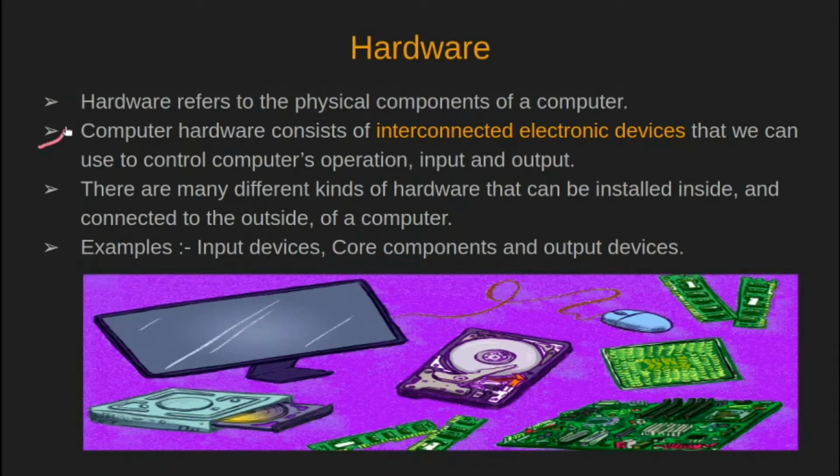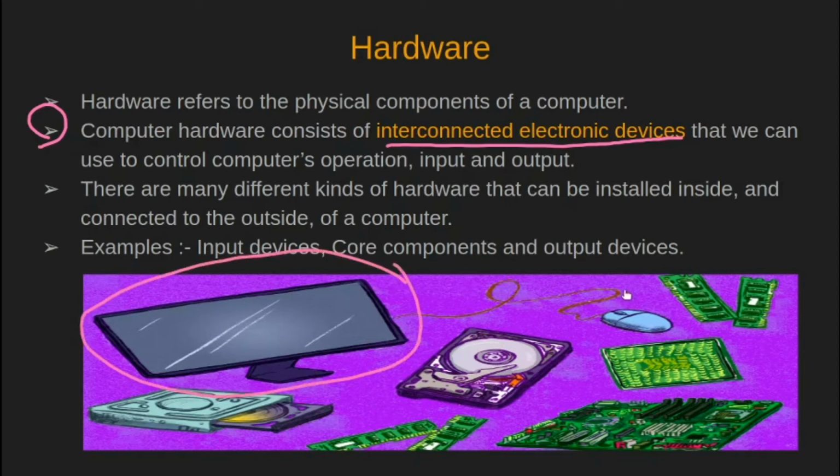Now, the second point says computer hardware consists of interconnected electronic devices. So, it generally means that all these hardware devices, be it the monitor, be it a mouse, this is something which is called a storage drive, where you store files like your movies, text, and anything like that.